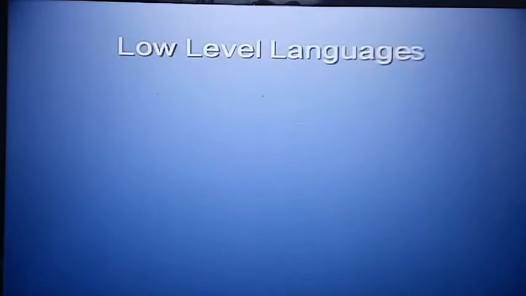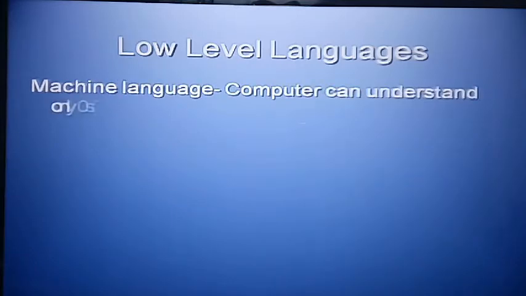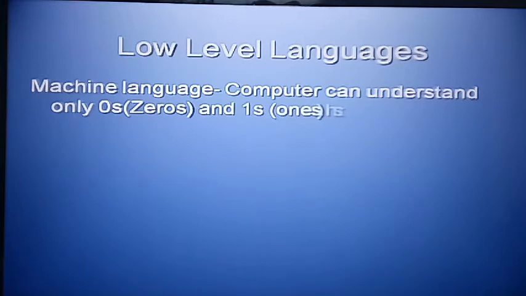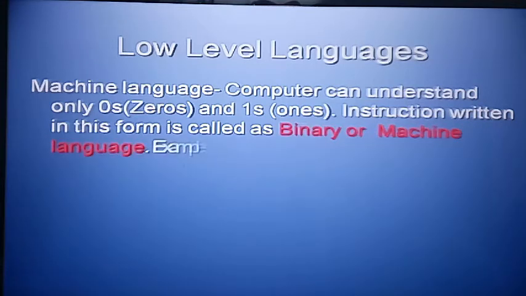First of all, I will discuss the low level language. So machine language, computer can understand only 0 and 1. Instructions written in this form are called the binary and machine language. It means the binary language and machine language. Like the example 0, 1.